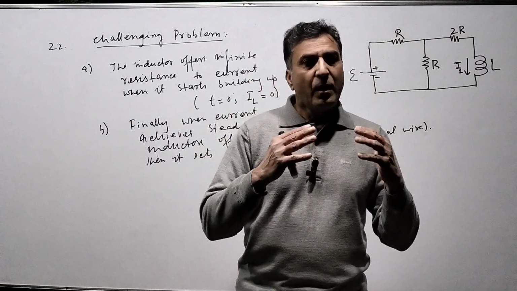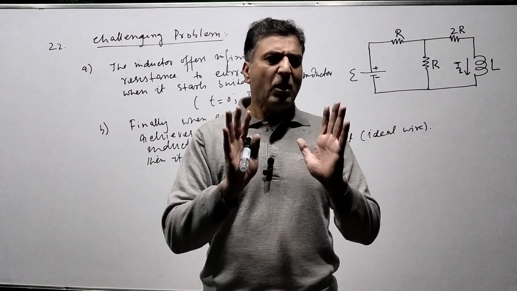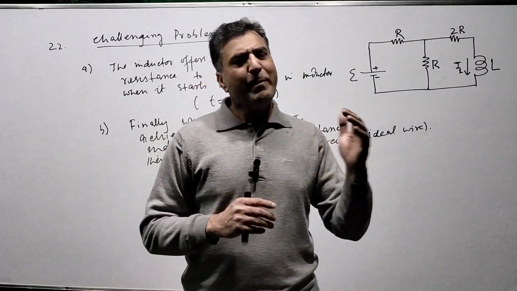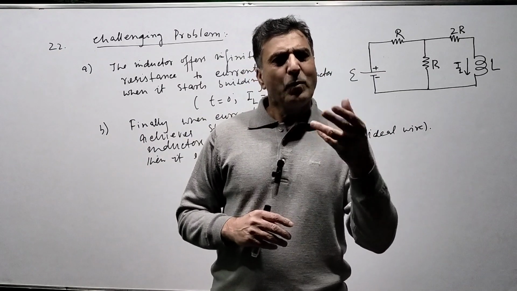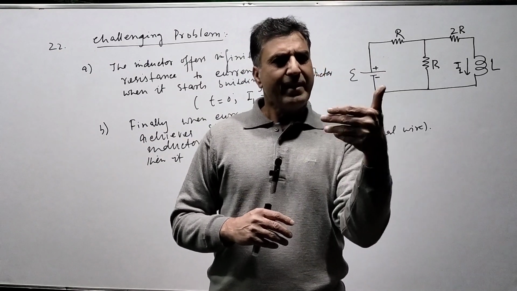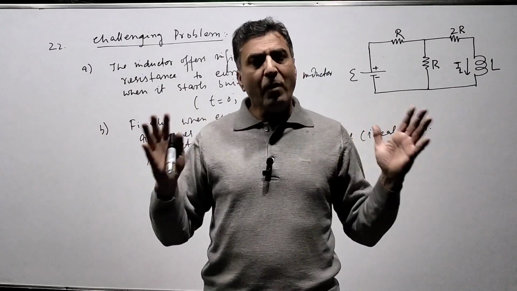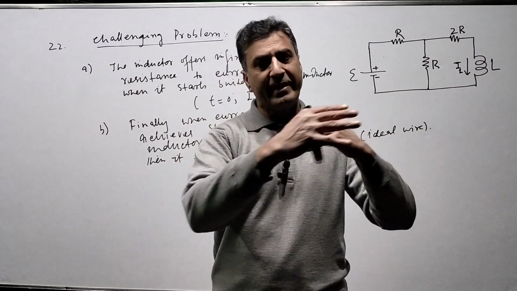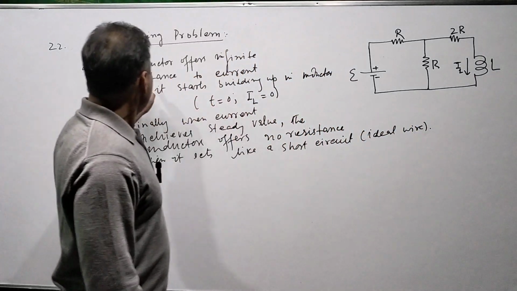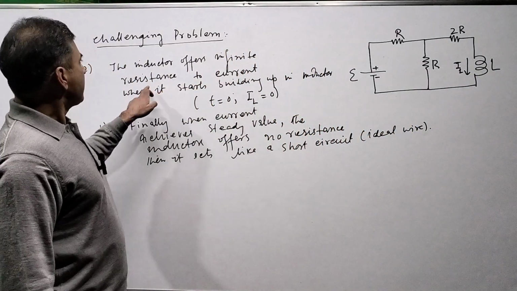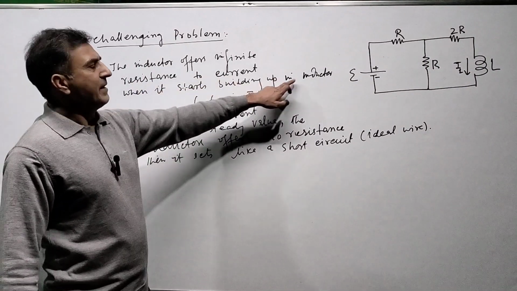So for the growth of the current in the inductor, initial current is always 0 because there will be a back EMF. The induced EMF will be produced inside the inductor in such a way as to oppose the current. Whenever the current tends to grow in the inductor, initial current is always 0. That you must remember. So the inductor offers infinite resistance to current when it starts building up.